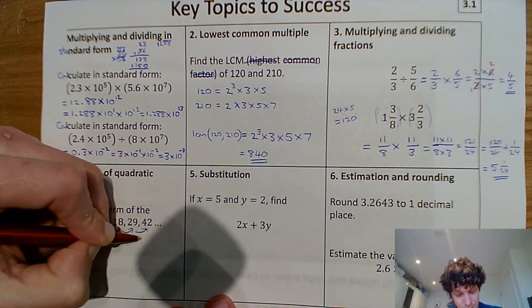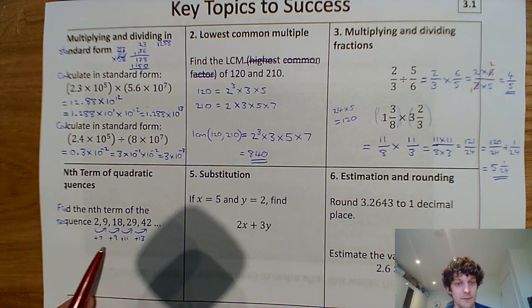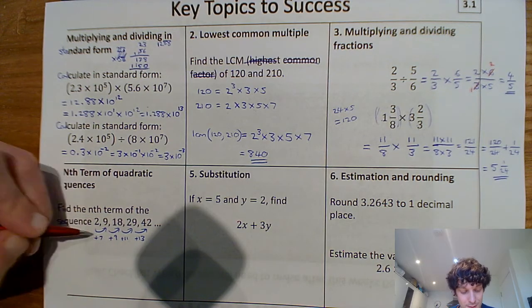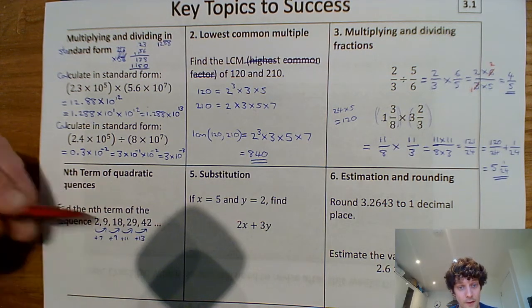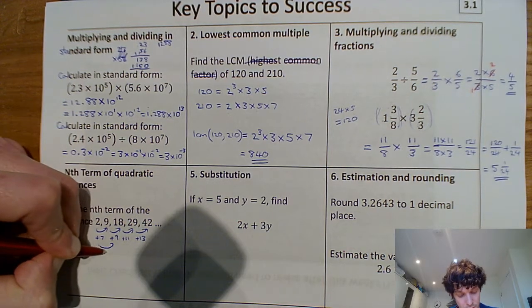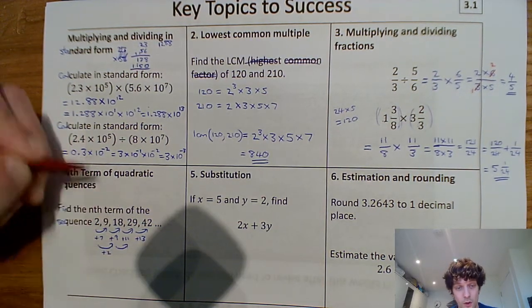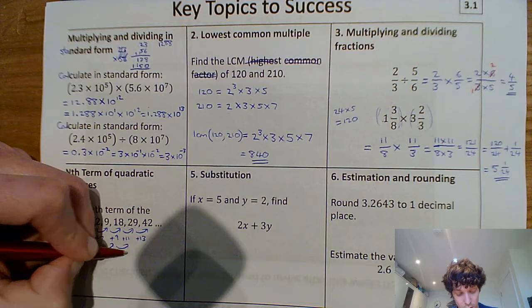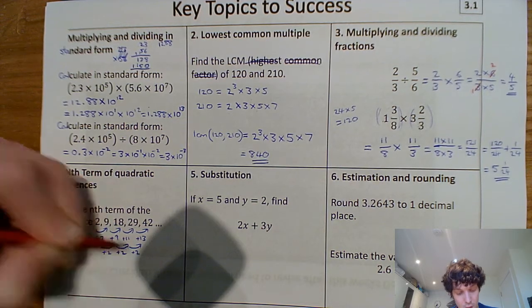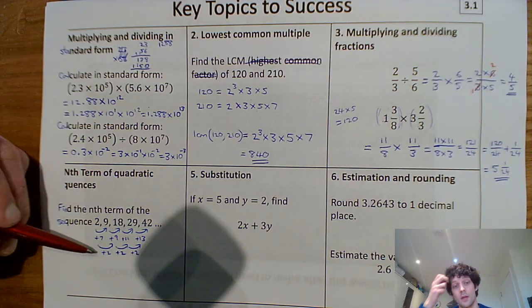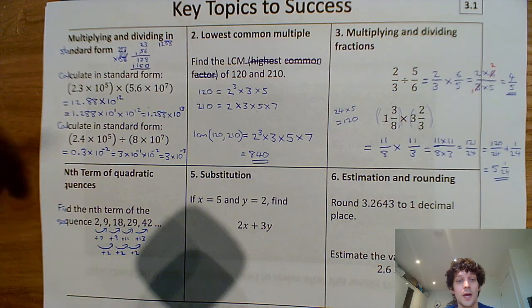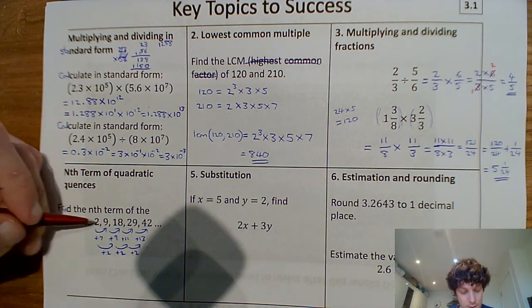The difference this time is that we can see the difference is changing. So I'm adding 7, then 9, then 11, then 13. If that happens, we know we've not got a linear sequence because it's not got a common difference. So we start working out the second difference. Plus 2, plus 2, plus 2. If that second difference is the same, we've got a quadratic sequence.